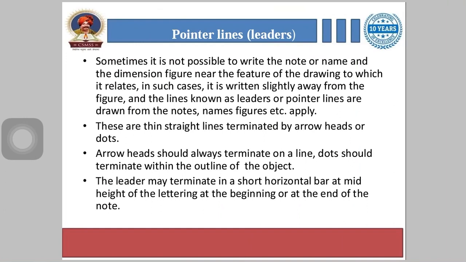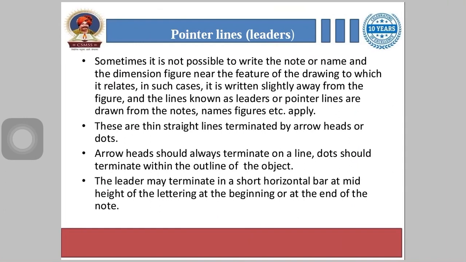These are thin straight lines terminated by arrowheads or dots. Arrowheads should always terminate on a line, dots should terminate within the outline of the object. The leaders may terminate in a short horizontal bar at mid height of the lettering at the beginning or at the end of the note.